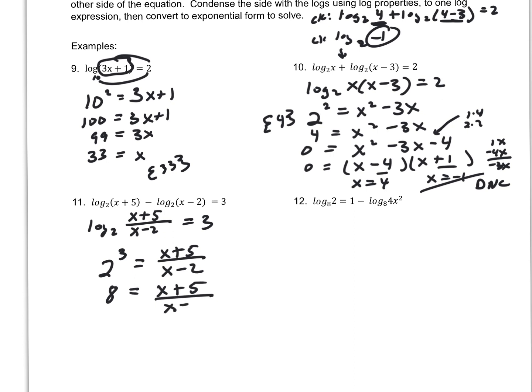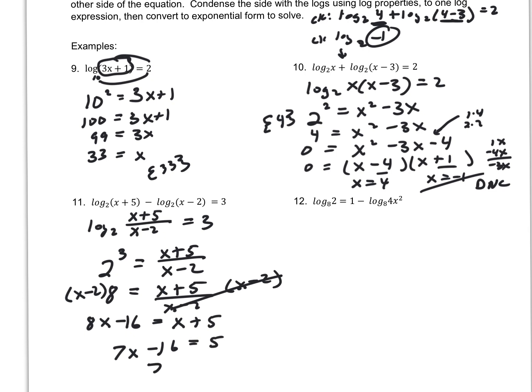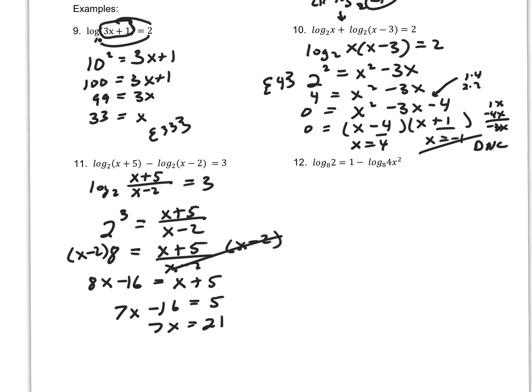Now, how do I solve this? Remember, we multiply both sides by the common denominator, which would be x minus 2. So 8x minus 16, those cancel, leaving me with x plus 5. I'll move my x to the side of the 8. 8 minus 1 is 7x. And then I'll move my 16 to the other side. 16 plus 5 is 21.